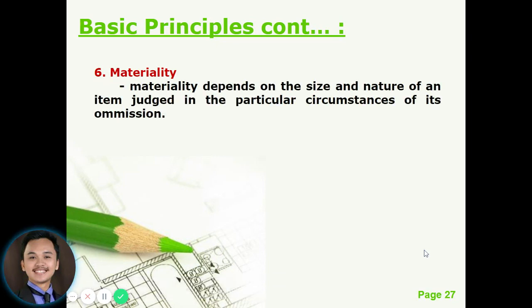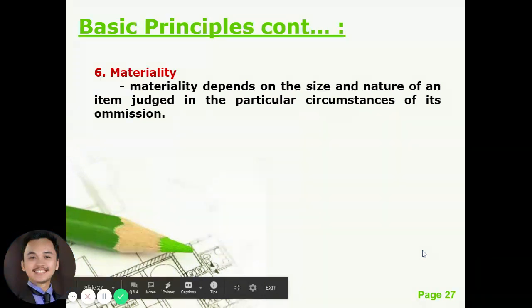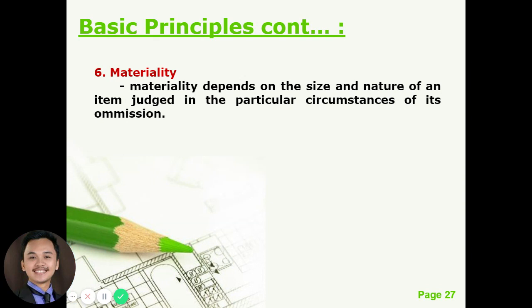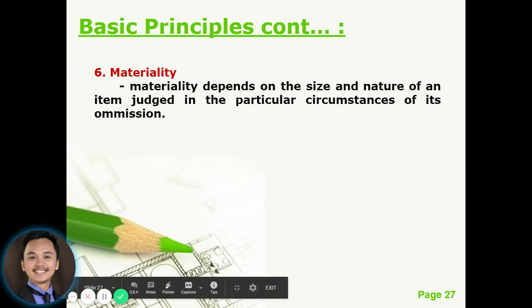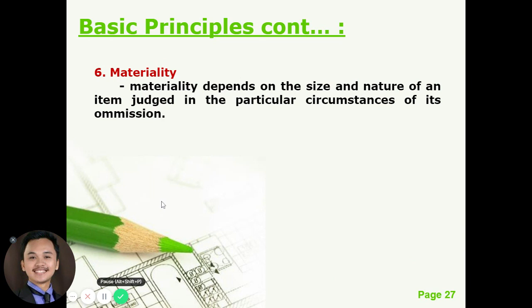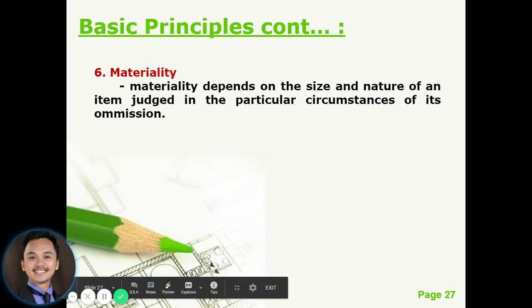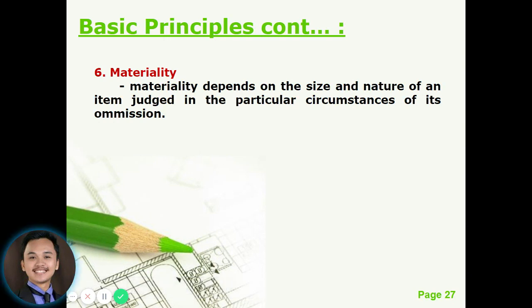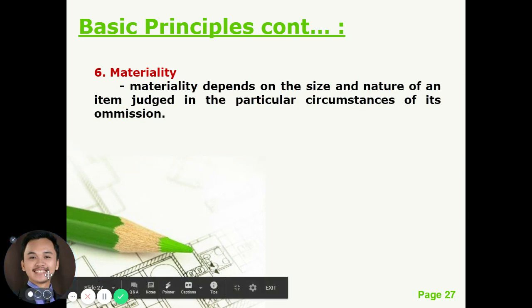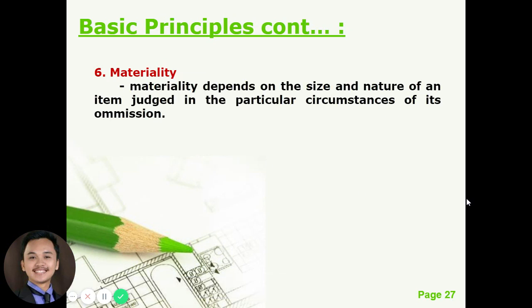We have materiality. So materiality depends on the size and nature of item judged in the particular circumstances of its omission. So materiality is actually relative. What could be material to one might not be material to another. So example of materiality concept, let us say na ay sari-sari store, tapos na ay grocery store, na ay mall. Nawad-an og 10 ka sardinas si sari-sari store. Nawad-an pod og 10 ka sardinas ang mall.